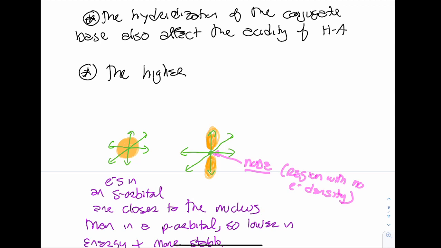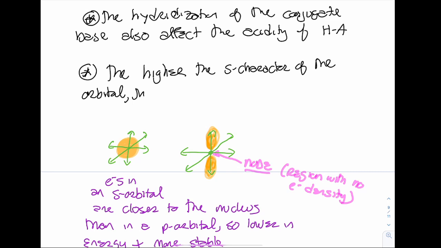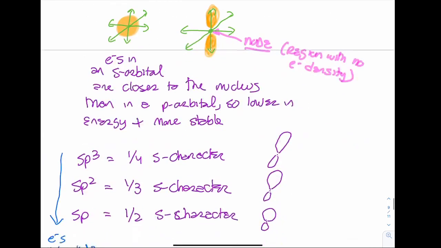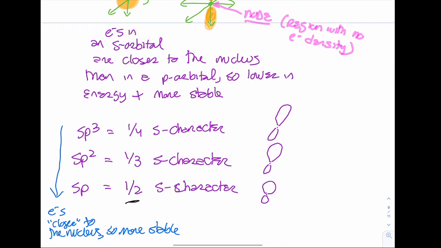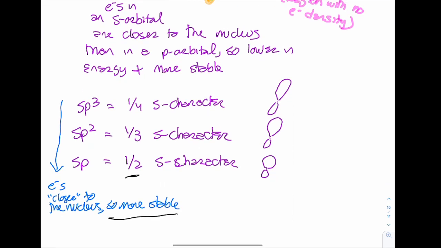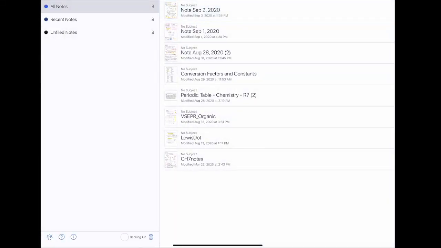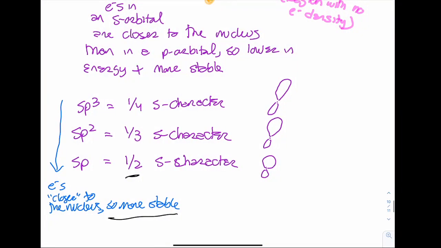The higher the s character of the orbital, the more stable. So by higher s character, I mean more percent. So half is higher s character, right? It has more s character than a third or a quarter. So more stable. So if I was to compare, sorry about that, guys.